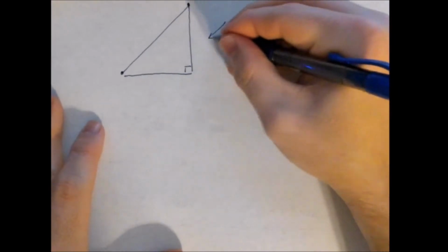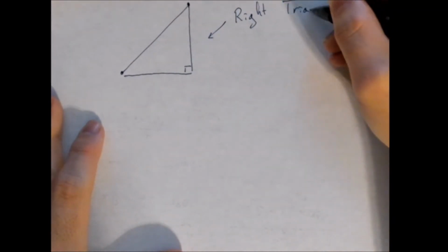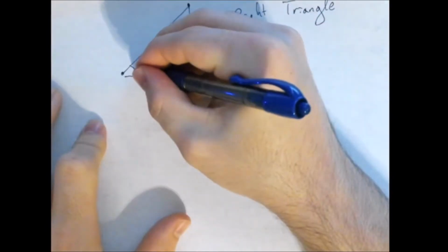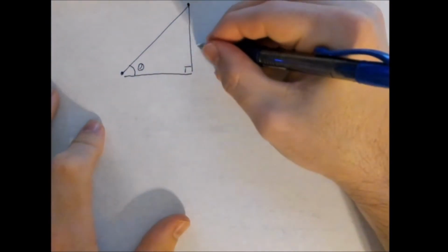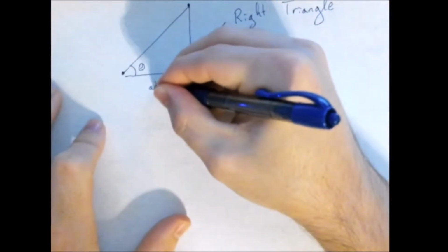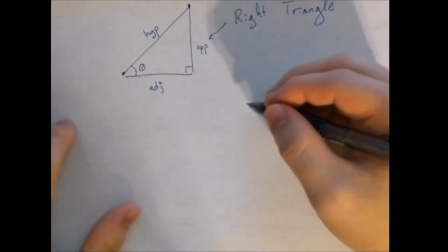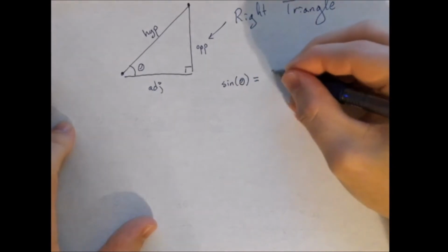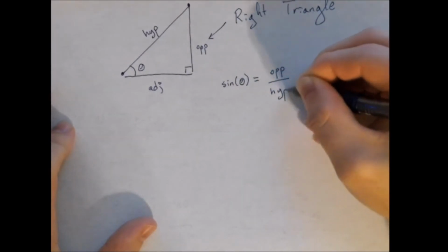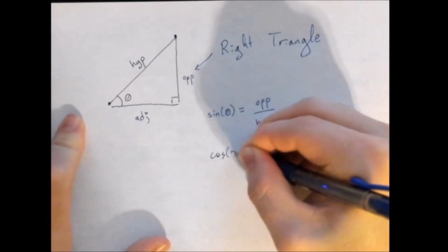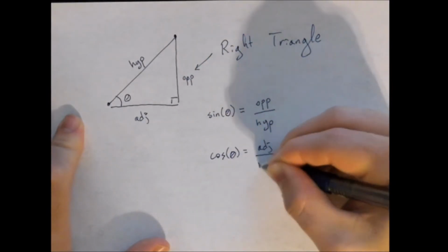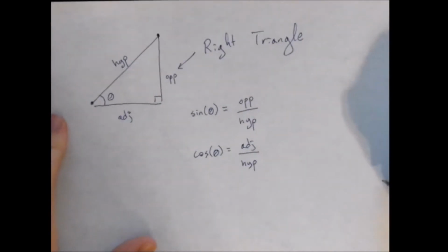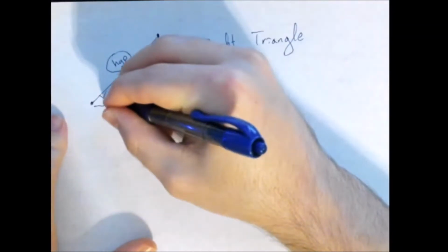Alright. And finally, if you have a right triangle with some angle over here, you can define sine and cosine in terms of the opposite side to that angle, the adjacent side to that angle, and the hypotenuse, that longer side of the triangle. Sine of the angle equals the ratio of the opposite and hypotenuse, while cosine of that angle equals the ratio of the adjacent side length to the hypotenuse.